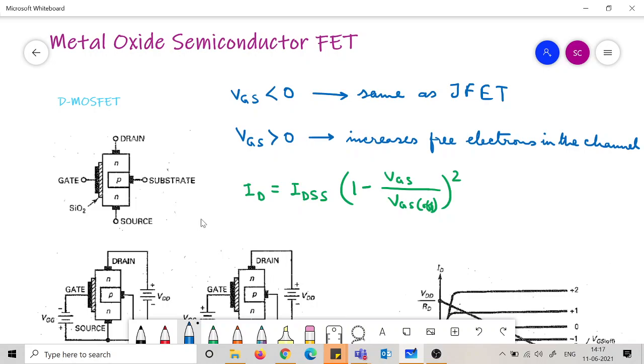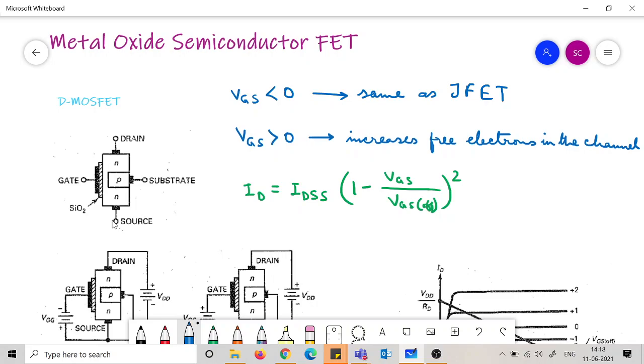That new functionality is that the D-MOSFET can also be operated with gate source voltage being positive, gate source voltage more than 0. In JFET, remember that the maximum gate source voltage was 0 only. It could not be more than 0. But here it is allowed to have gate source voltage more than 0.